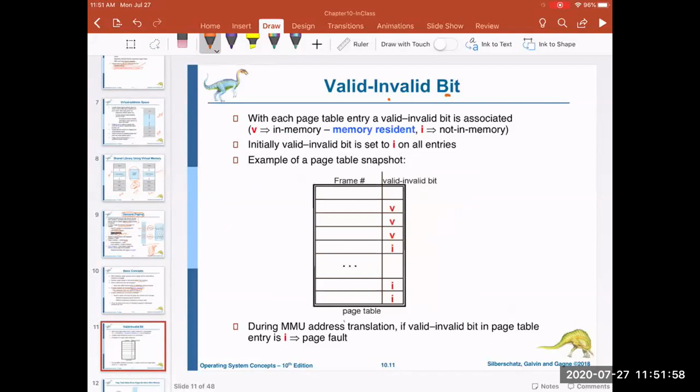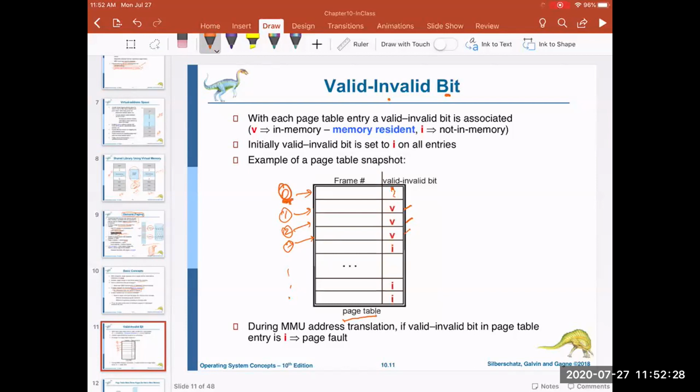You remember we discussed these things in the page table. Valid is the frame which is allowed in the logical address space. Here the index is 0, 1, 2, 3, so these are page numbers. Let us put I for invalid.